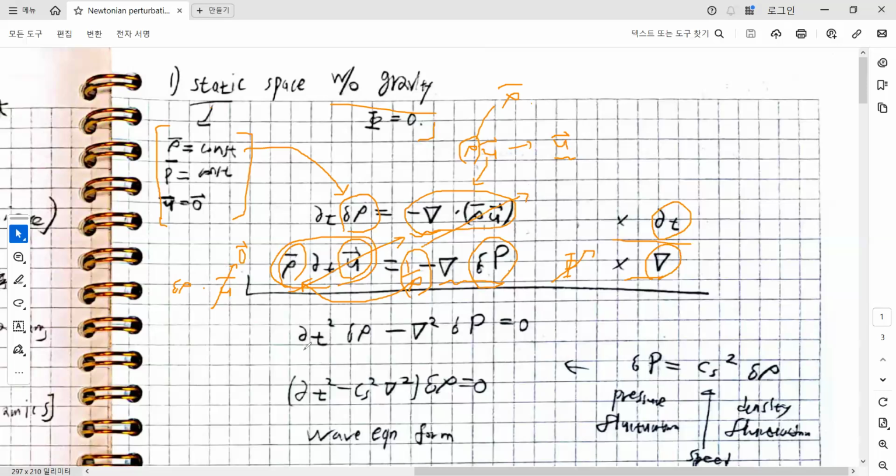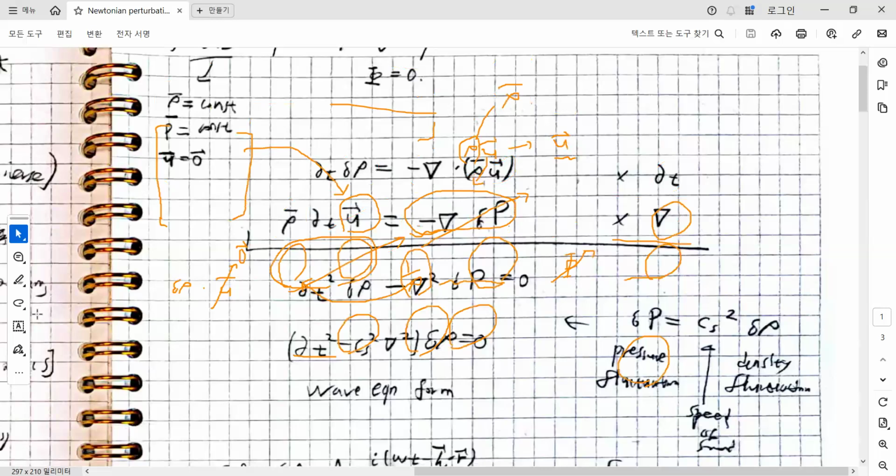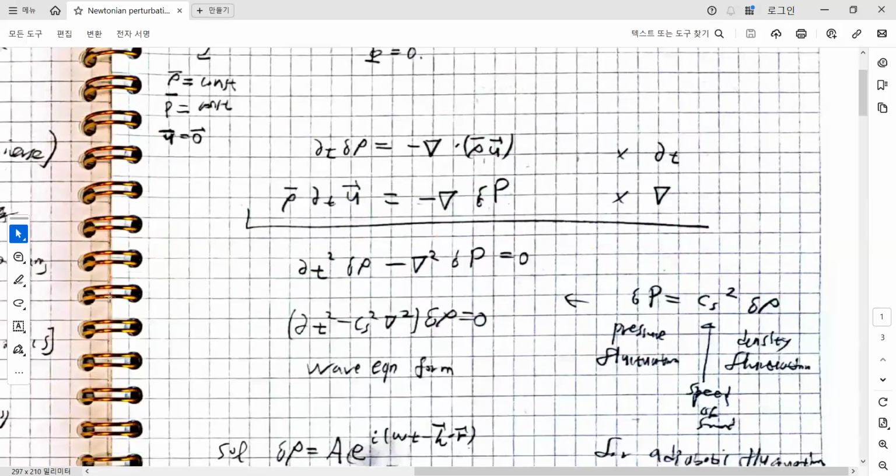So the only remaining terms are the second time derivative of the energy density perturbation and the second spatial derivative of the pressure perturbation. If we define the pressure perturbation, delta p, as proportional to the density perturbation, with the coefficient given by the speed of sound squared, cs squared, then we can obtain the equation for the density perturbation delta rho, which takes the wave equation form.